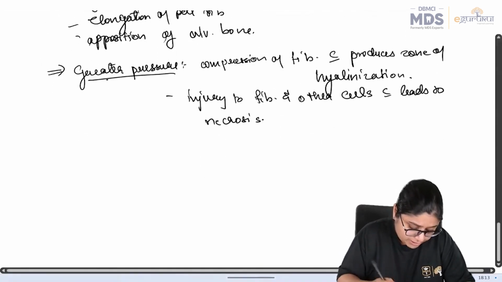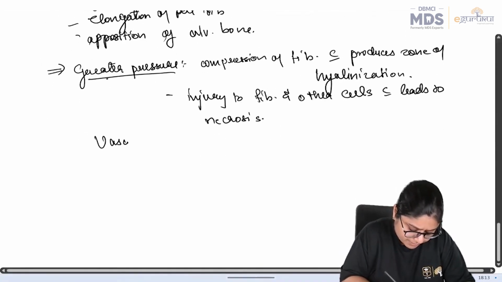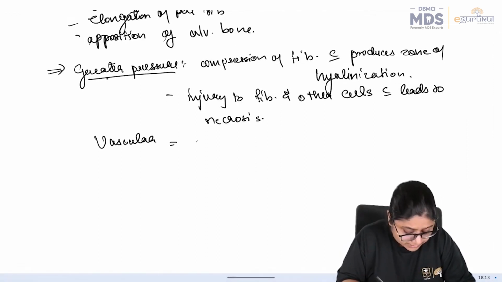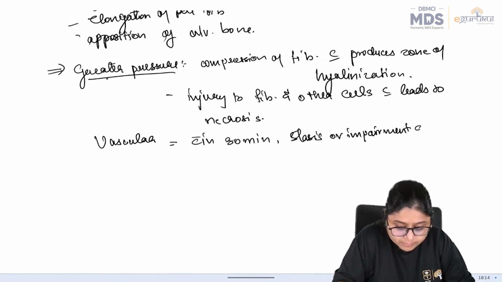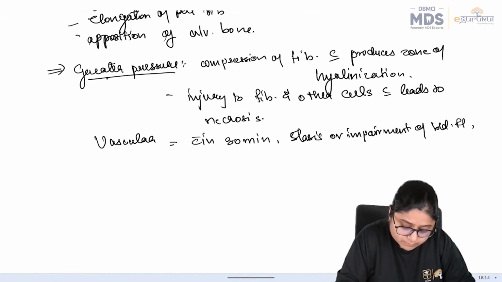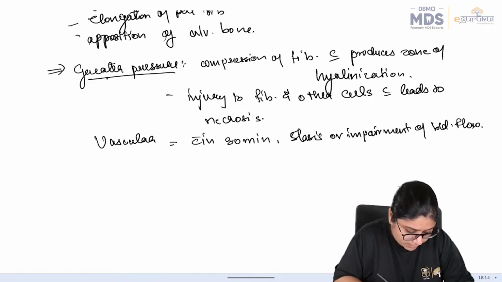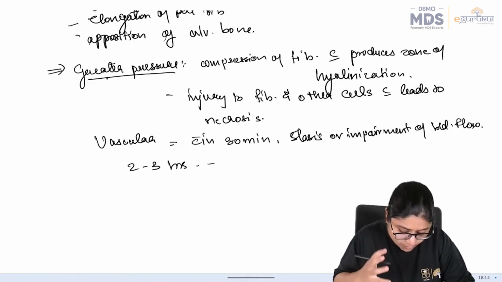Now, the vascular changes produced because of the great pressure. Within 30 minutes, there will be stasis or impairment of blood flow. In 2 to 3 hours, the blood vessels will be packed with RBCs.